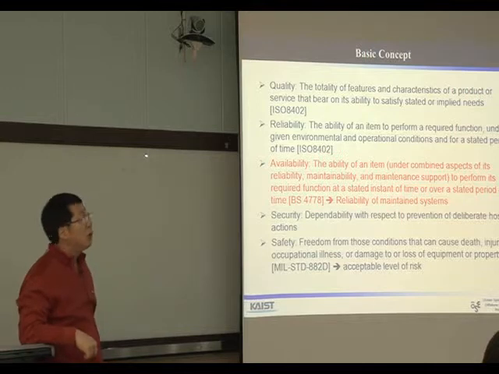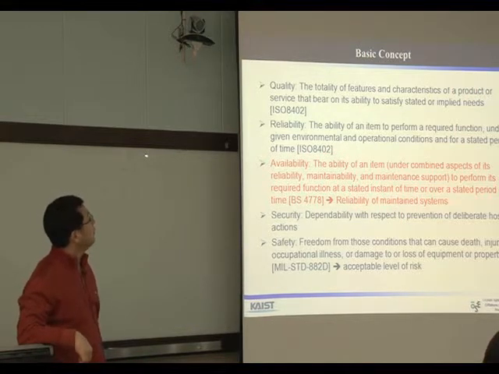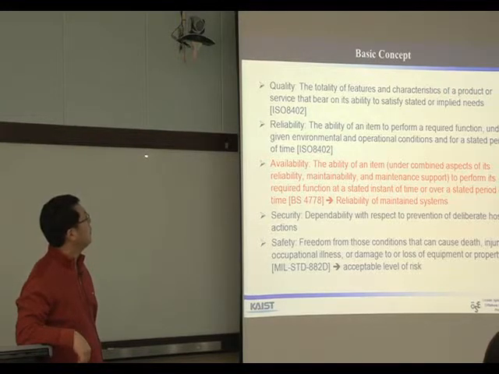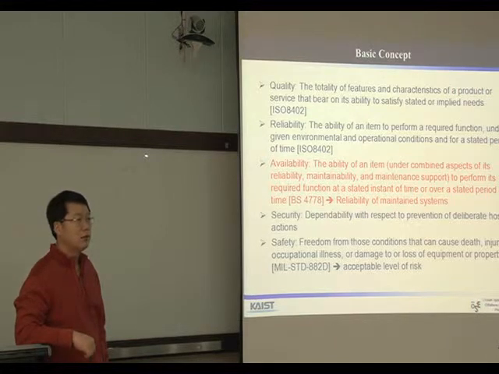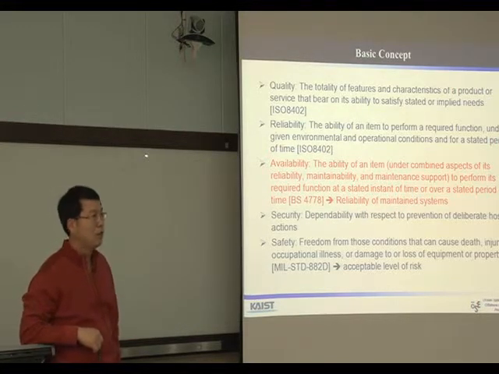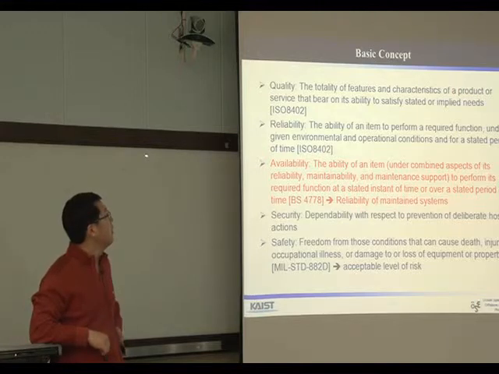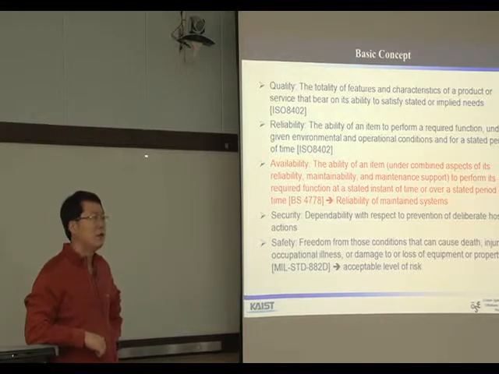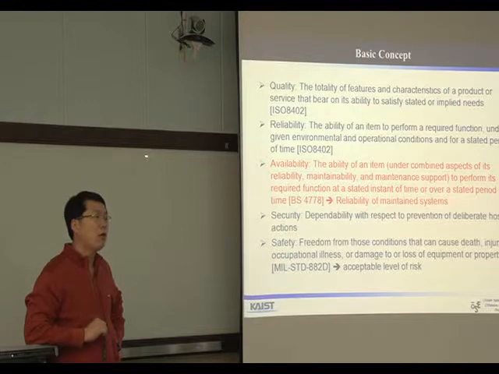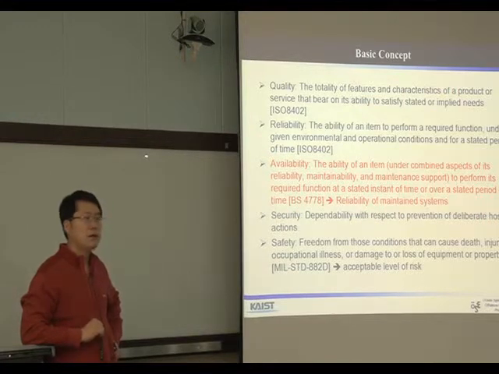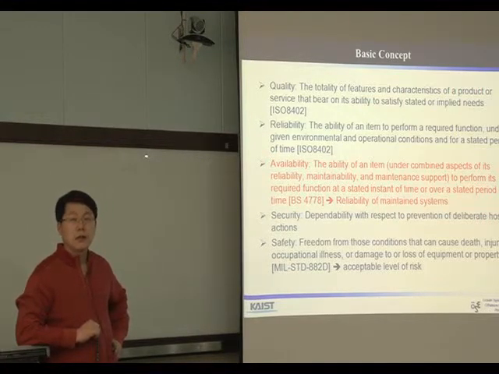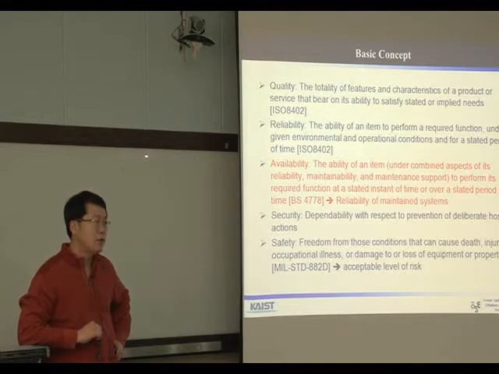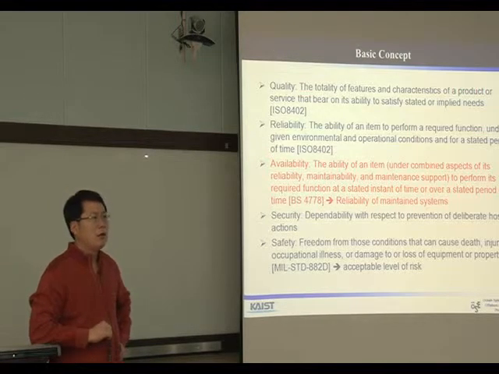The first term, quality, is the totality of features and characteristics of a product or service that bear on its ability to satisfy stated or implied needs. So the important term in this definition is implied needs. Some requirements for quality are clearly stated, but many times the term quality has kind of an implication.